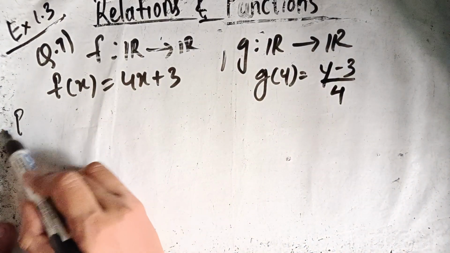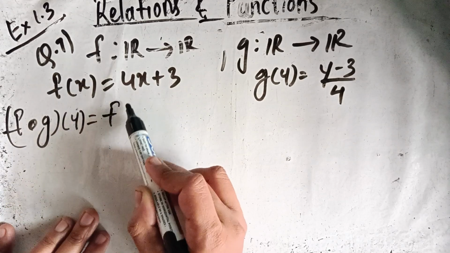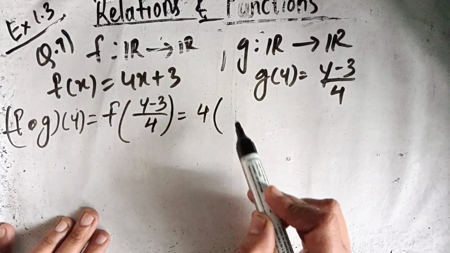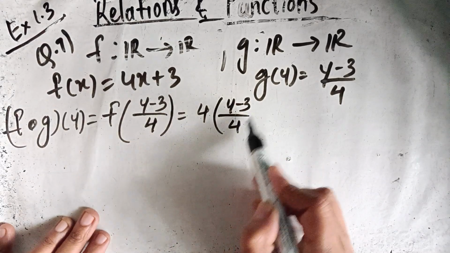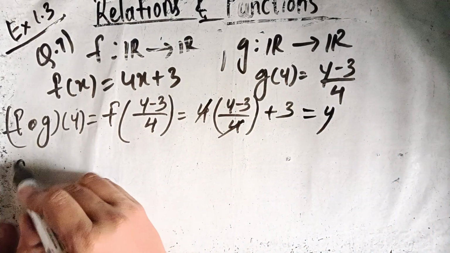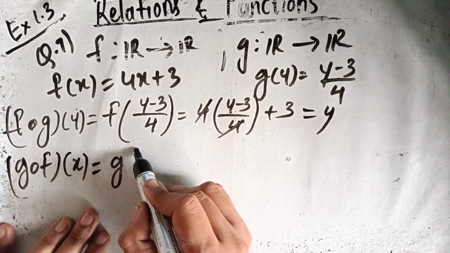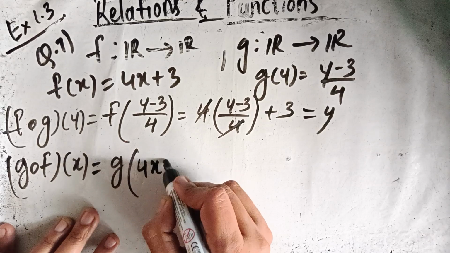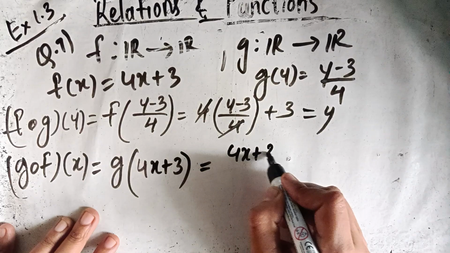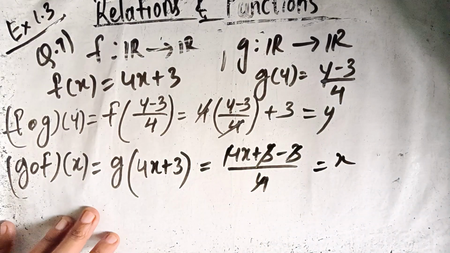Now we have to check for f composite g of y. So this is y, and g composite f of x gives x.